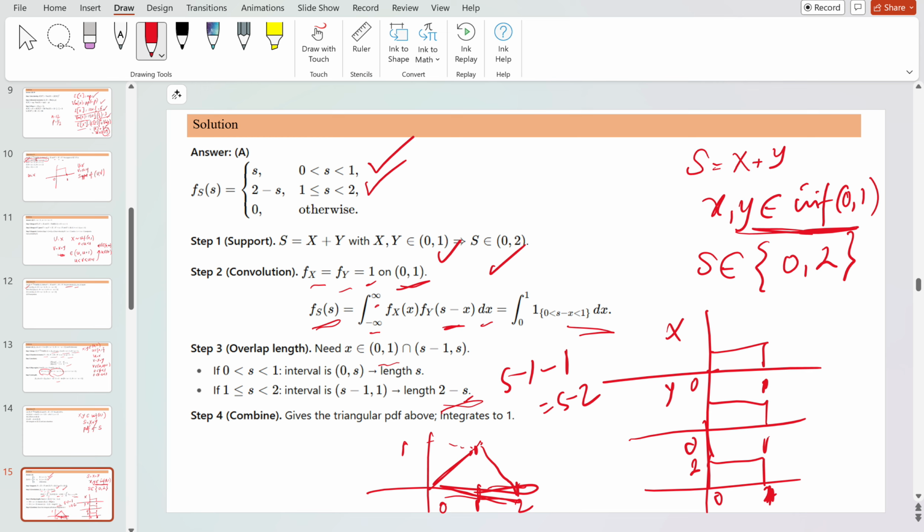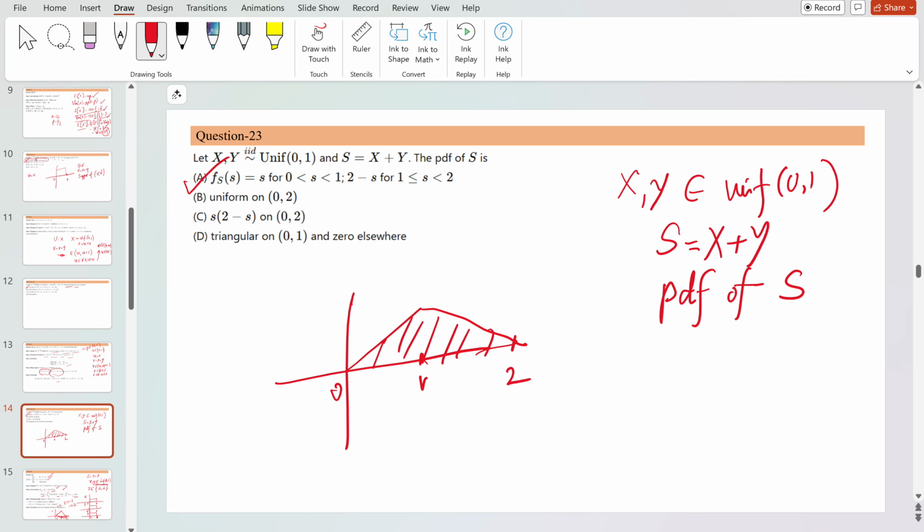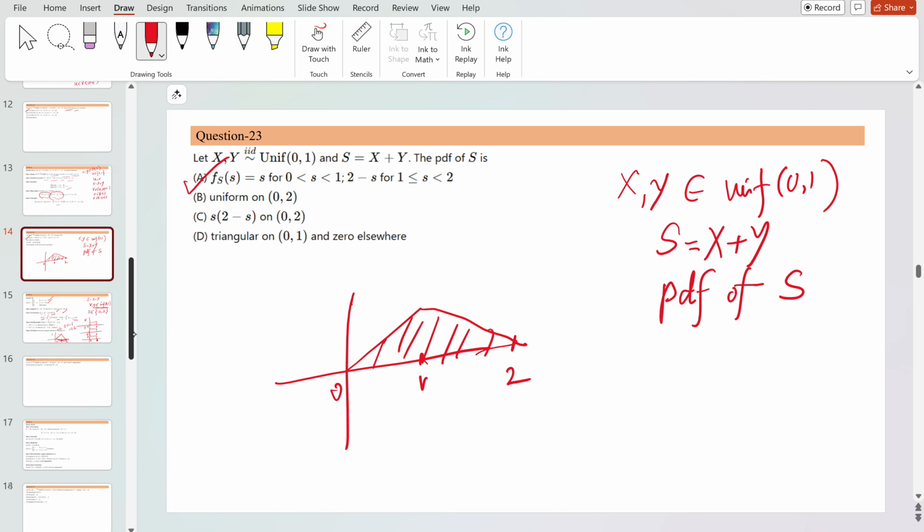It is like a y equals mx plus c kind of line, simply a triangular function. It matches with option A, where S is between 0 to 1, and 2 minus S is between 1 to 2, that is a triangular function. Okay, let's move forward.